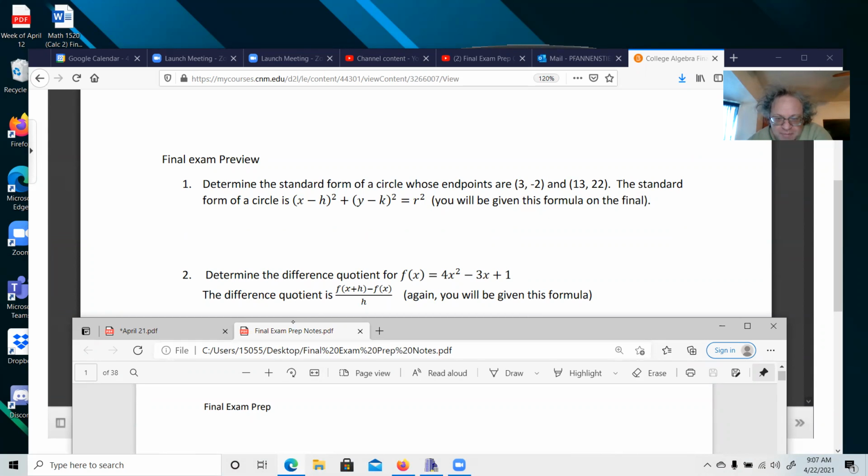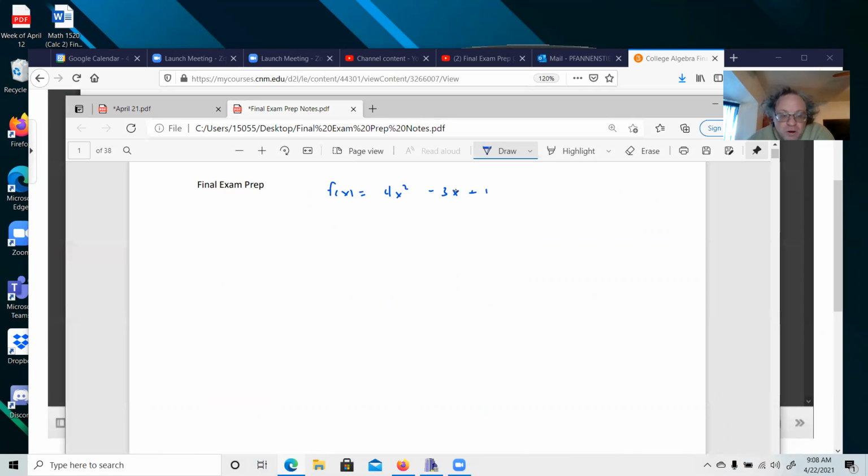We have a function. This is f of x equals 4x squared minus 3x plus 1. And we're going to find the difference quotient for this. The setup is the most important thing, really. Most of the mistakes I see are not doing this correctly.